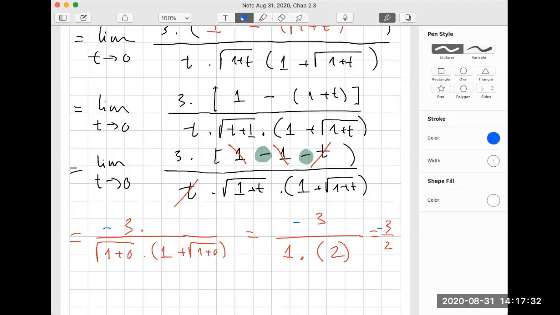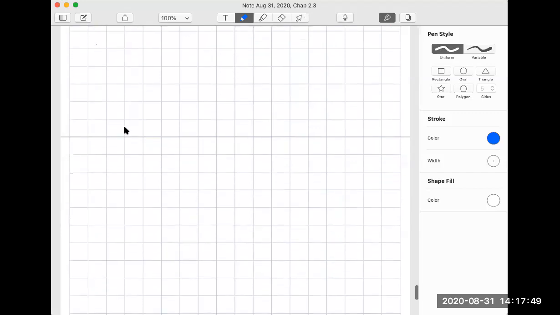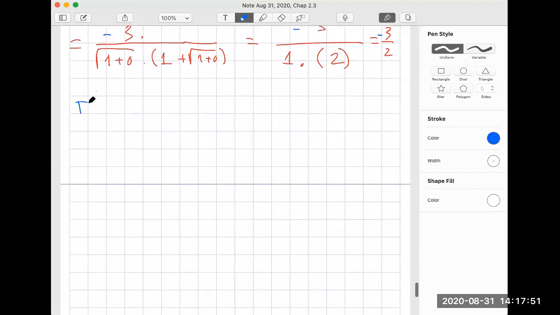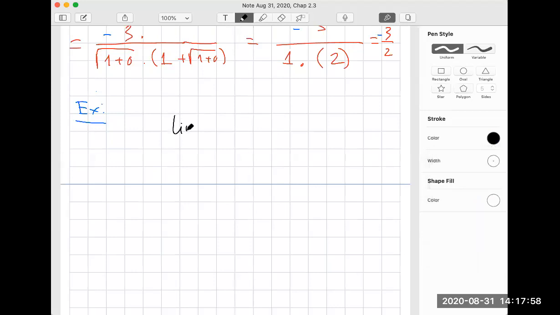Now, let us consider another example. Limit of absolute value of x when x approaches 0. And what is it?